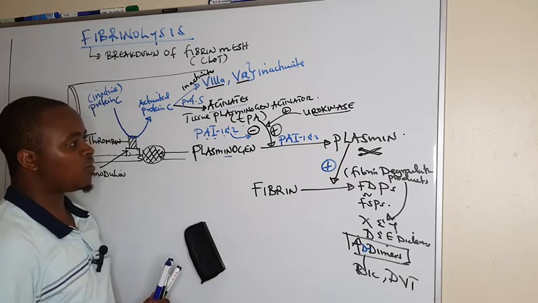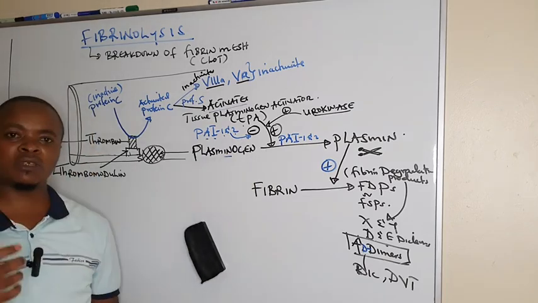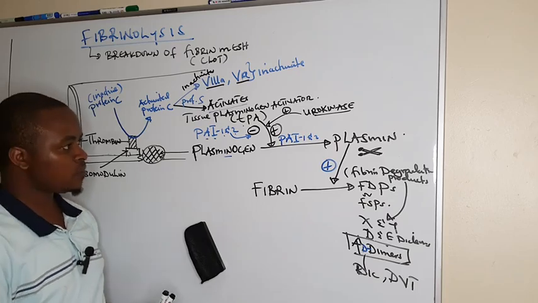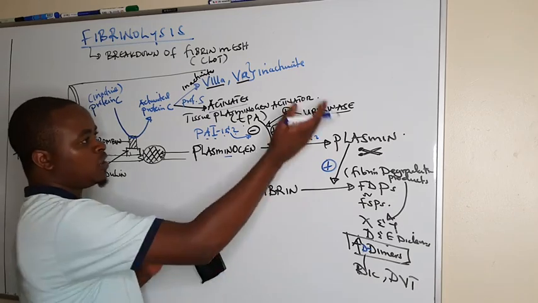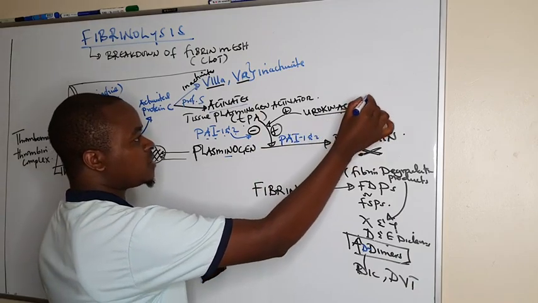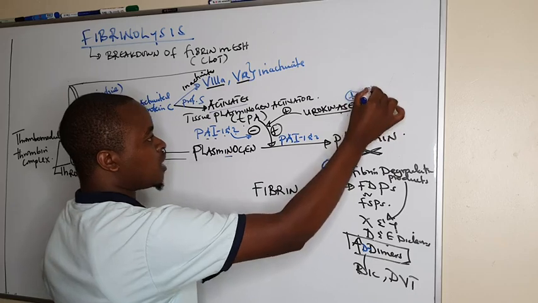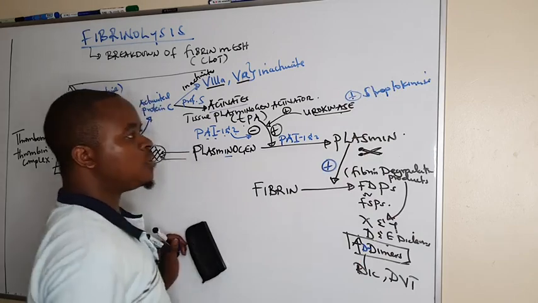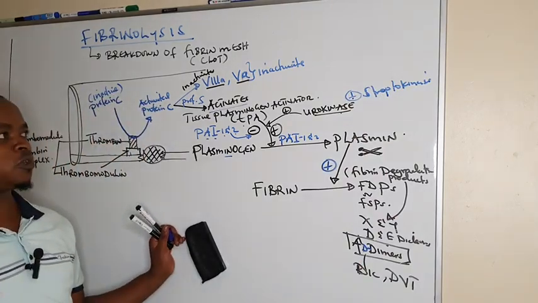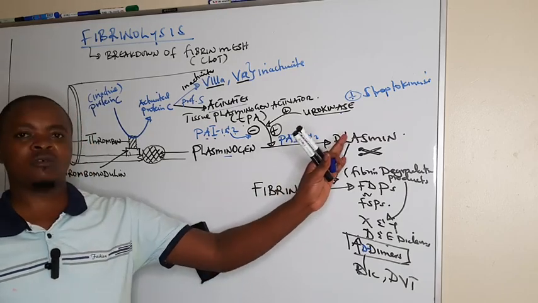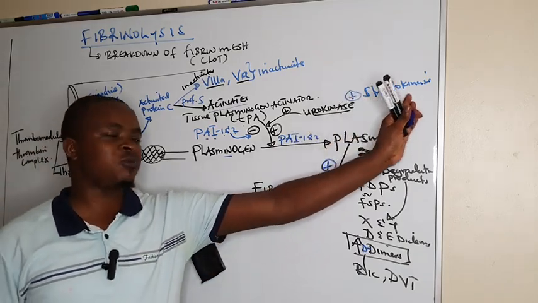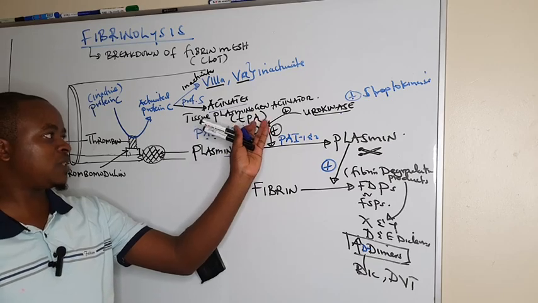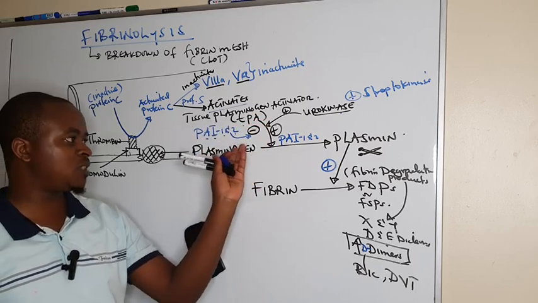Another drug we can use apart from this is tranexamic acid, or we can use streptokinase. So to increase this, apart from urokinase, we can also use streptokinase, which is a drug obtained from group B streptococcus, or what we call beta hemolytic streptococcus. Streptokinase is also able to activate tissue plasminogen activator to convert plasminogen to plasmin.